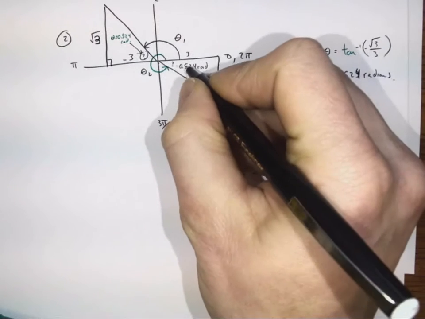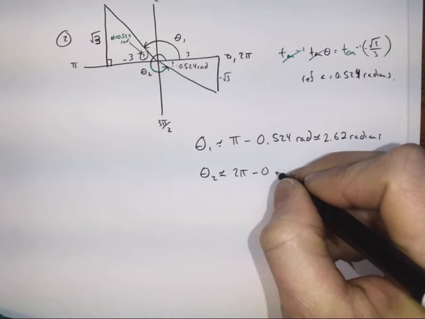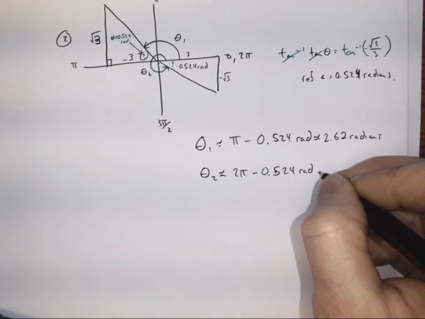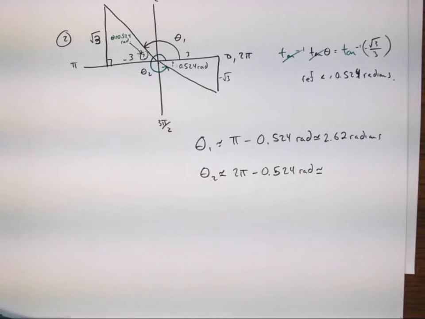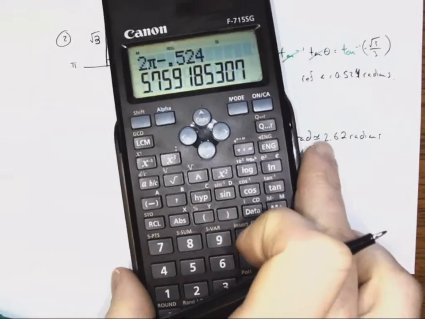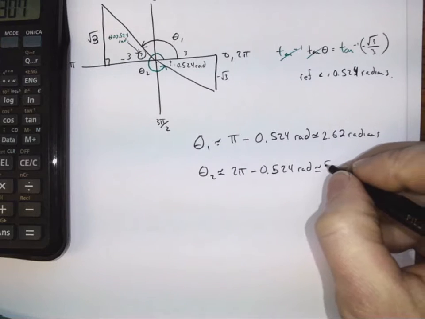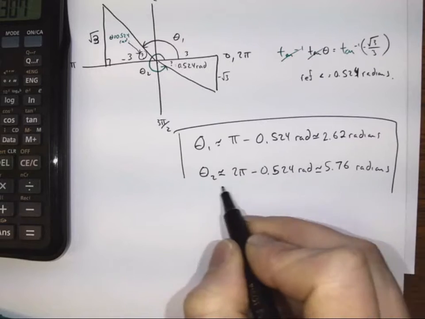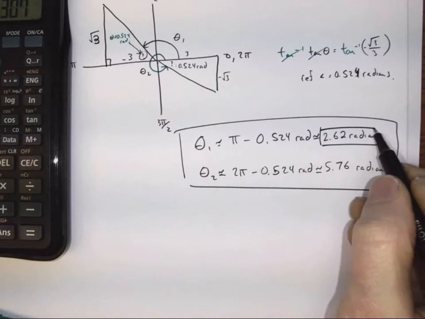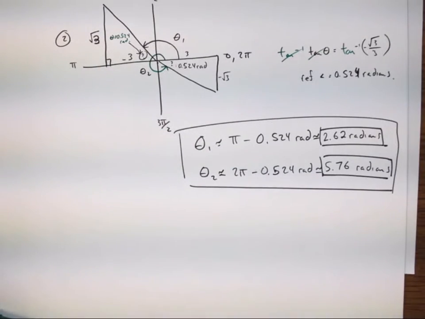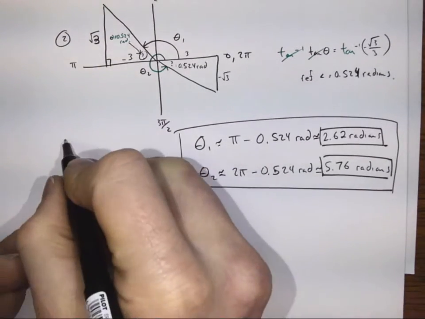Looks like 2 pi radians, take away this 0.524 radians, which is going to be approximately equal to 2 pi minus 0.524, 5.76 radians. So that's a little weird there. That's okay. That's our step 3, of course.